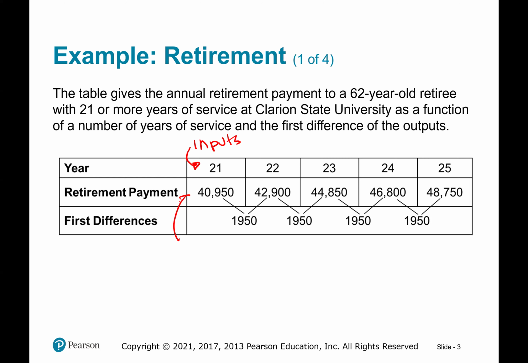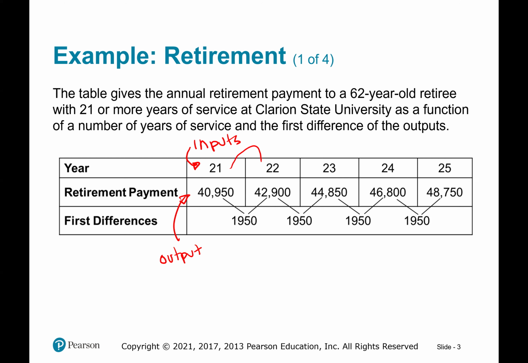And the output is how much money I receive in retirement. And if we look at the first differences in the various values for the retirement amount, we see that it's constant. So if I served 21 years at Clarion State College, my retirement would be $40,950. If I served 22 years, then my retirement would be $42,900. The difference in those two numbers is $1,950.